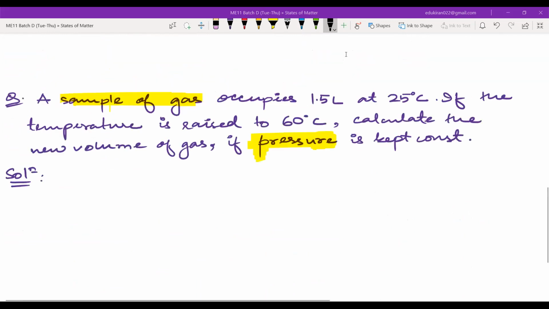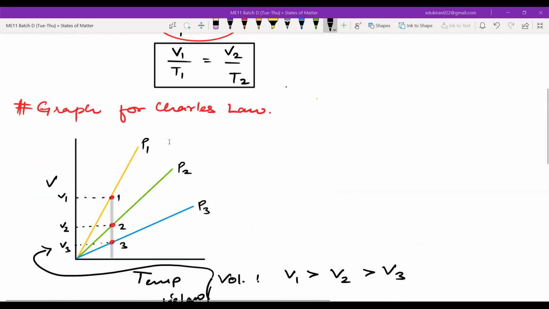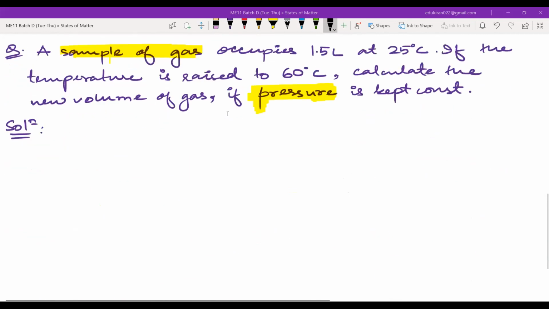Read the Charles law: at constant pressure, the volume of fixed gas, and then try again. You will identify the mistake. Yes, Mazia, you are correct. Very good. Yes, Khalid, very good.